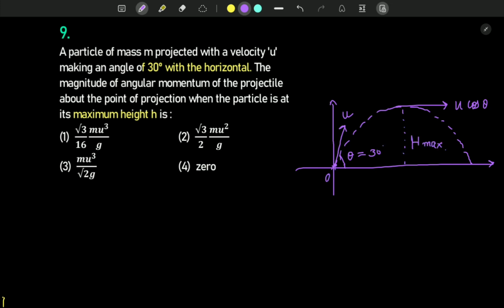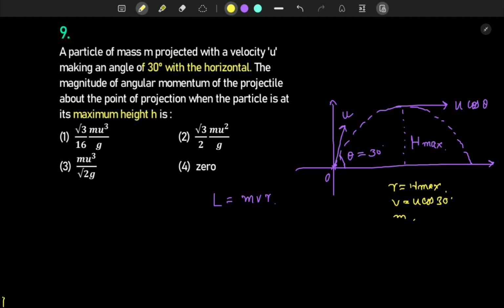So angular momentum L equals mvr. Now from the origin, what is r? r equals h max. V we know, v equals u cos theta, theta is 30 degree, and m is given in the question.